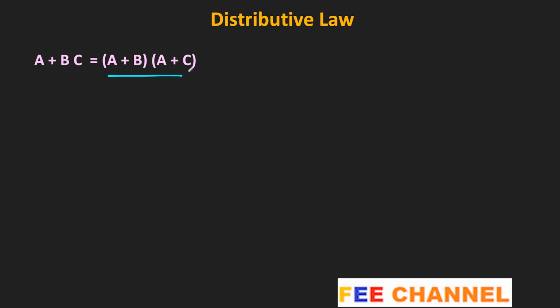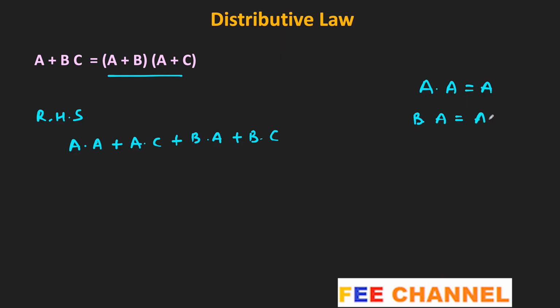Similarly, the second distributive law is A plus BC equals (A plus B)(A plus C). To prove that, let's take the RHS. Similar to our usual algebra, each variable gets ANDed with the other variable. So, in this case, we can write it as AA plus AC plus AB plus BC.